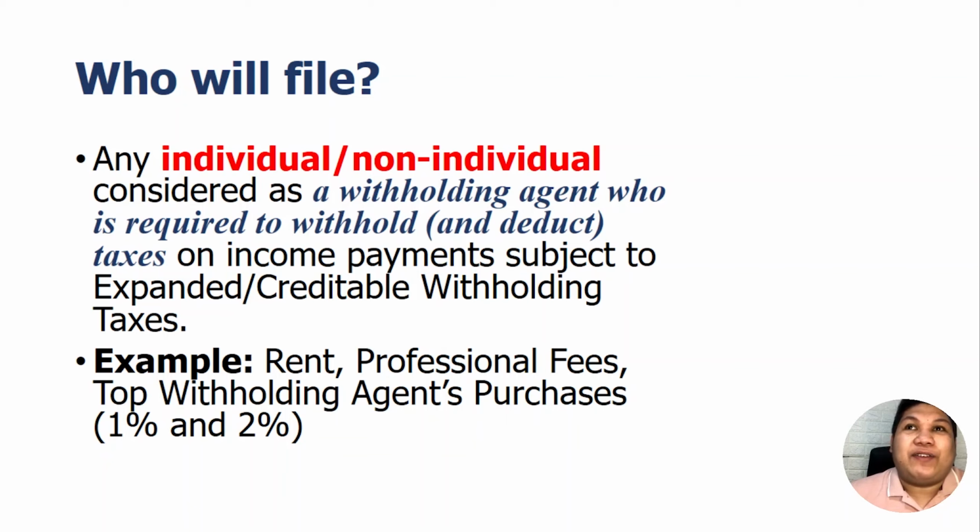So, for example, if you are leasing an office building and you are paying rent to the lessor, you are required to withhold 5% on your income payments to the lessor. That means before you pay the lessor, the owner of the property, you will have to deduct the 5% EWT, or the 5% withholding tax.